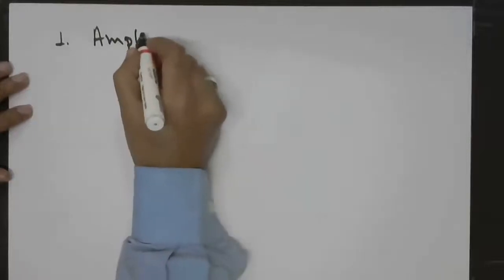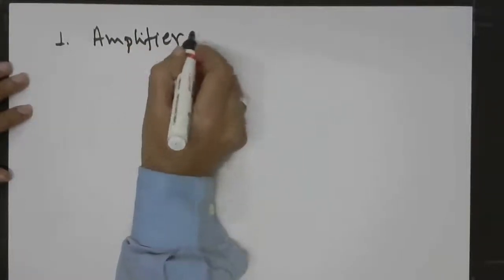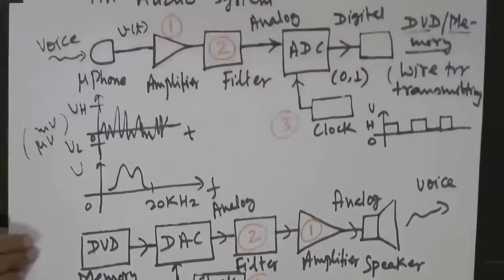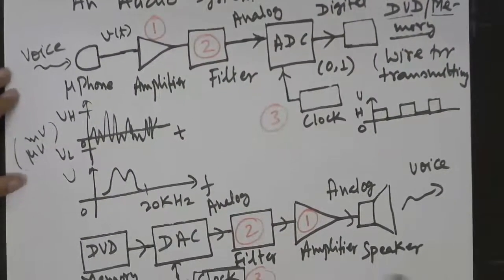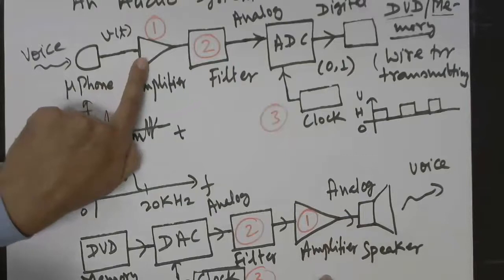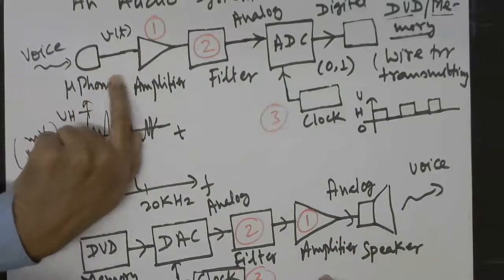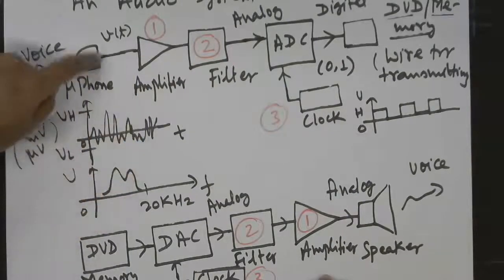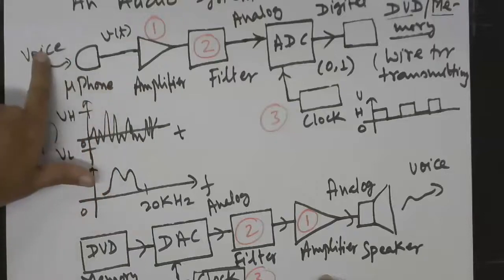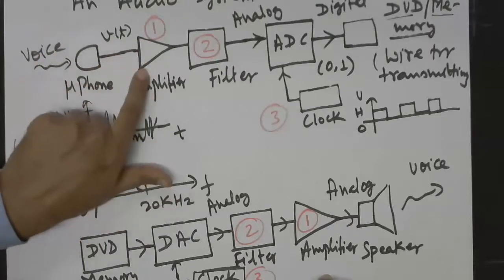But now we will see that there are going to be sub modules also. For example, amplifier. Here you can see that the amplifiers have been used at two locations. On the transmitter side, immediately after the microphone, which is also called a transducer because it converts mechanical energy into electrical energy.